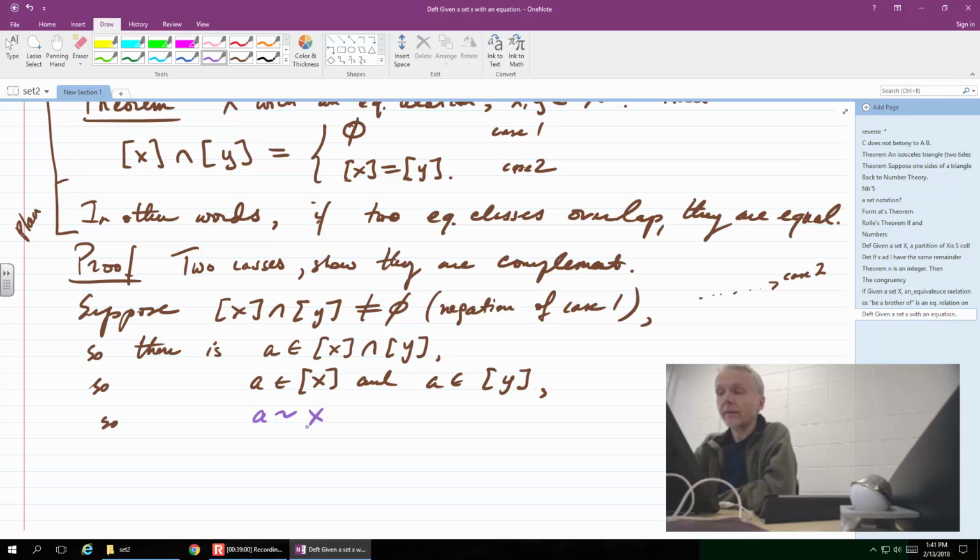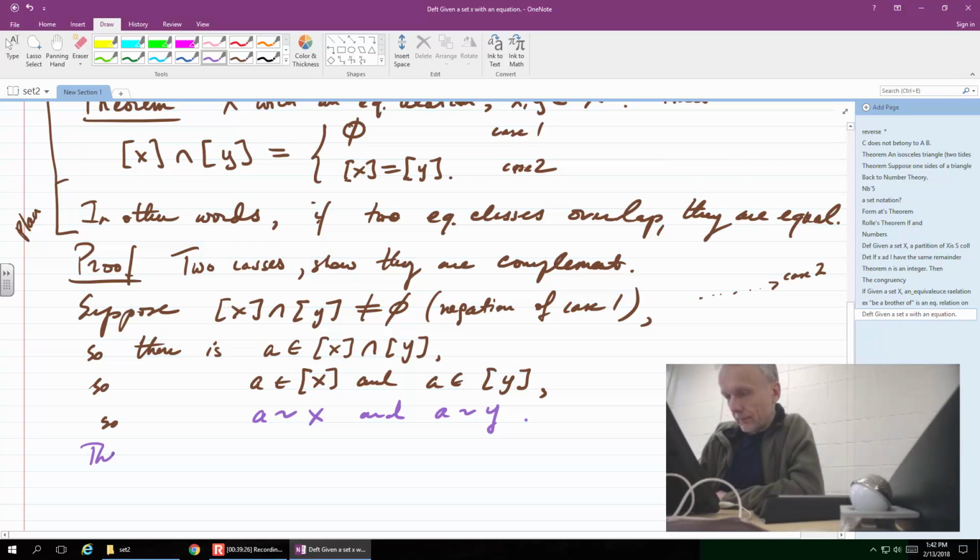We unwrapped it, and we have A is equivalent to X. And A is equivalent to Y. Yes. What do we do with this information? Based on the transitivity axiom, X is equivalent to Y.